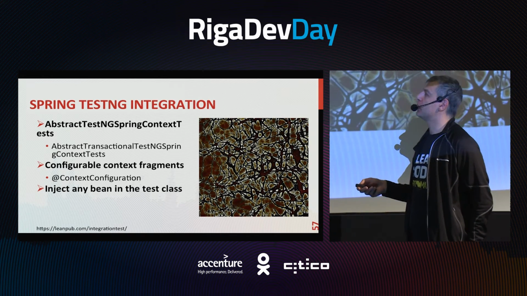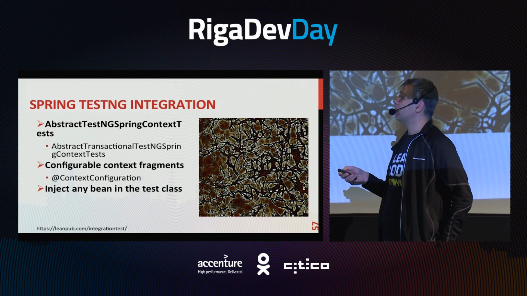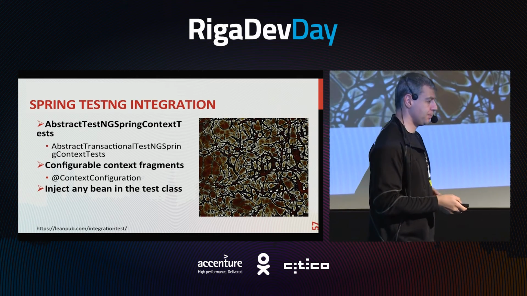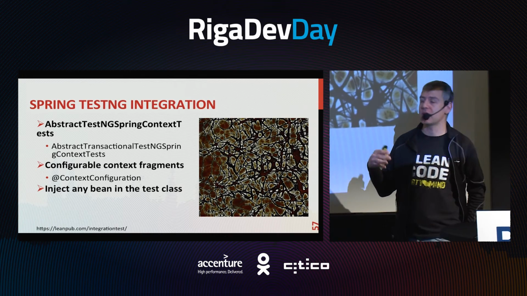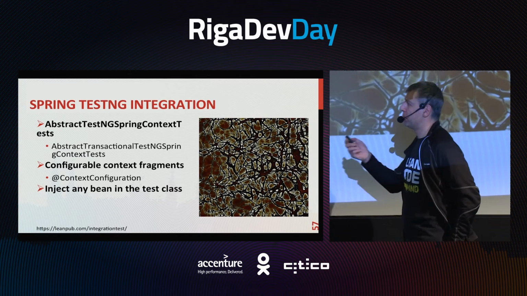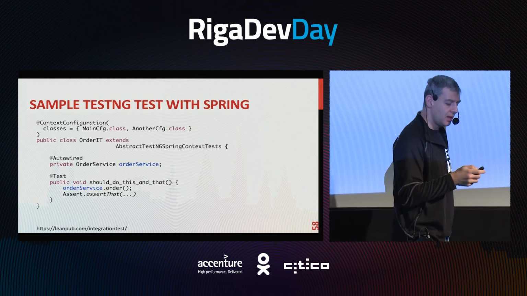Then, using the context configuration, you tell this class to assemble the fragments that you want to use, and only those fragments. And in the test class, if you want to mock out a behavior or check how a bean reacts, you can inject any bean into your test class. Very easy.